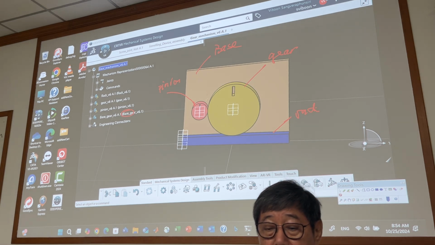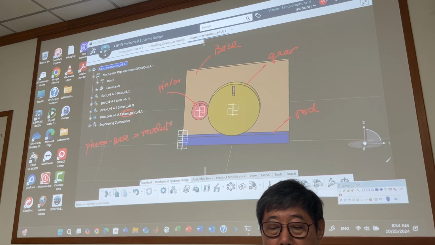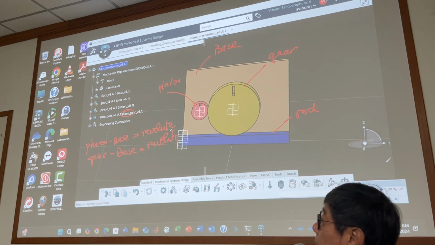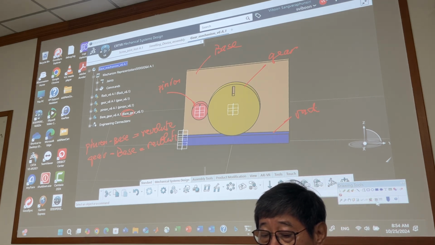Okay. So, this joint between, in this case, pinion and base, you have a revolute joint, right? Pinion and base, revolute joint. Gear, yellow gear, and base as well, revolute joint. Right? Change color.